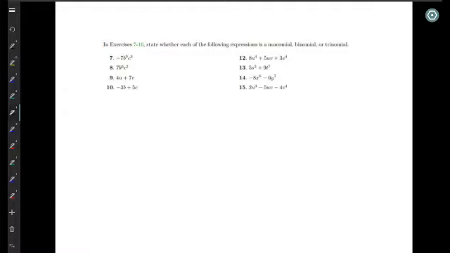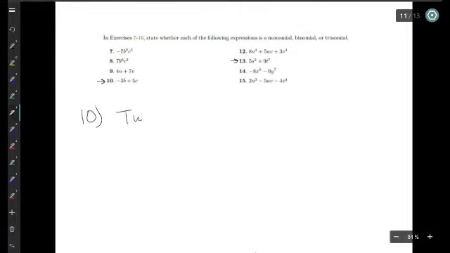Alright, now let's look at 10 and 13. So for 10, state whether the expression is a monomial, binomial, or trinomial. Well, we have two terms, so binomial.